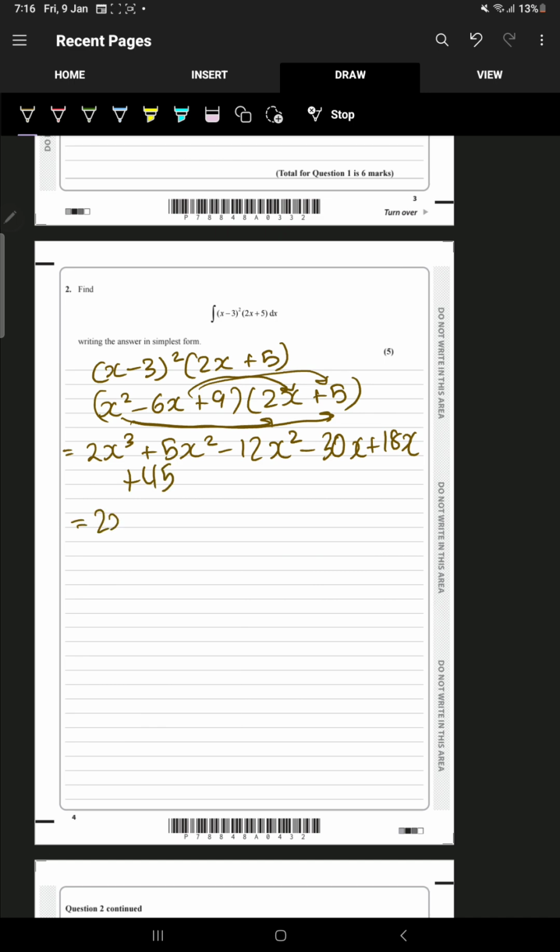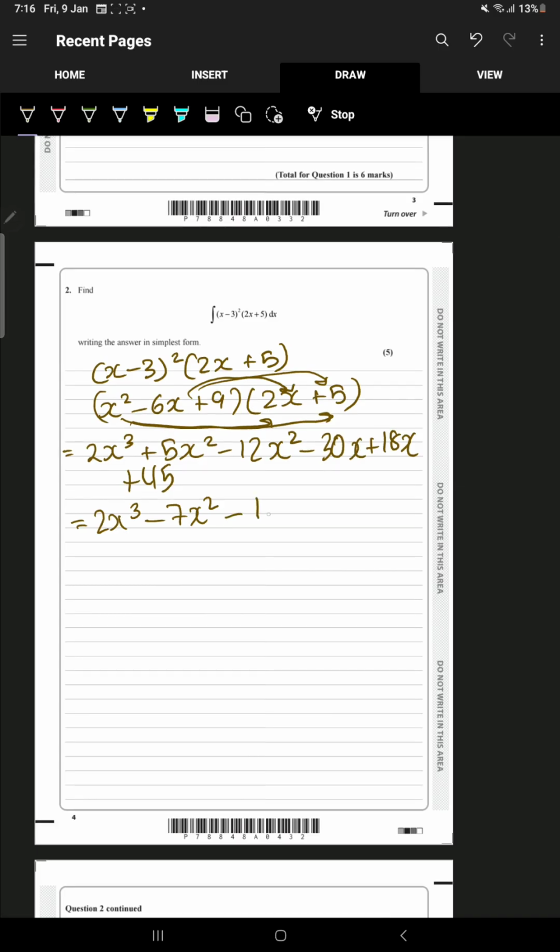Now we have to combine the like terms. 5 minus 12 is minus 7x squared, and minus 30 plus 18 is minus 12x, plus 45. Now we find the integral.